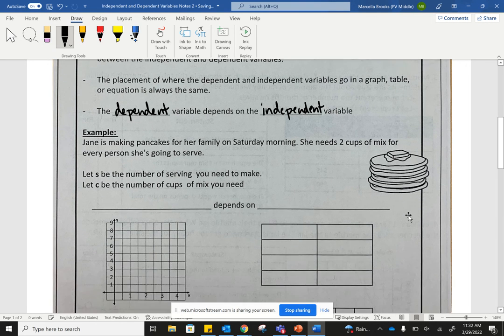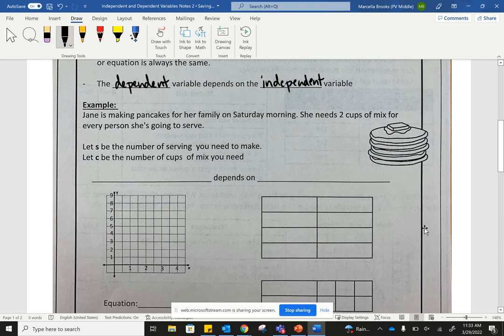So here we go. Here's our example. Jane is making pancakes for her family on Saturday morning. She needs 2 cups of mix for every person she is going to serve. So we're going to let S be the number of servings that you need to make, and C is the number of cups of mix you need. Does the cups of mix depend on the servings we need, or does the servings we need depend on the cups of mix?